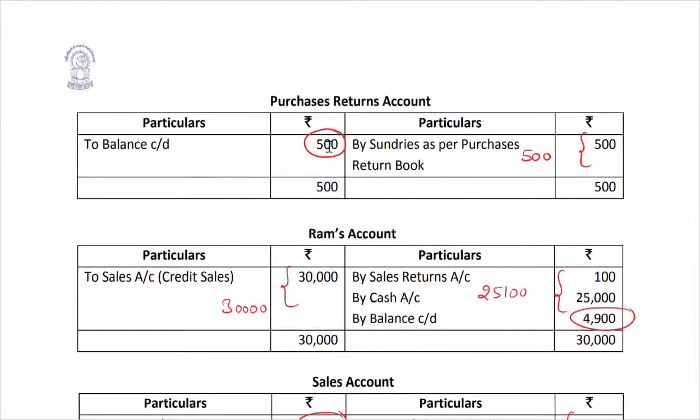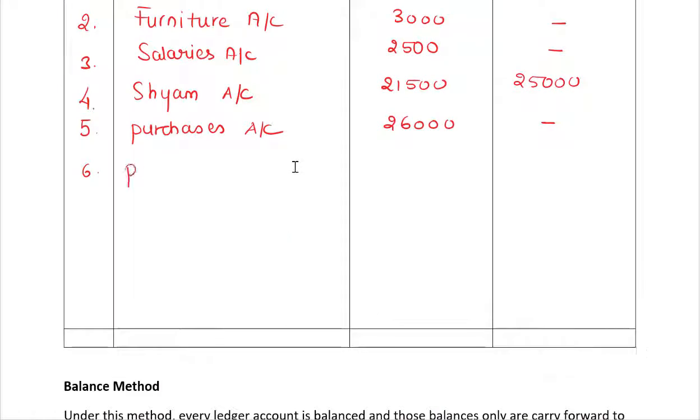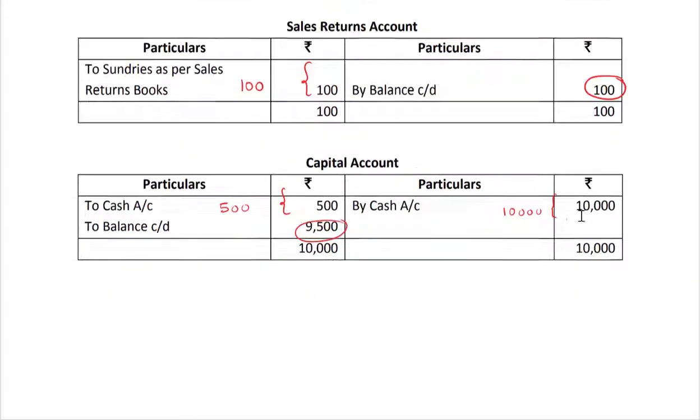After purchases, we have purchase return account. On the credit side, we have 500, nothing on the debit side. We'll be recording Ram's account. On the debit side, we'll be writing 30,000. On the credit side, it would be 25,100.